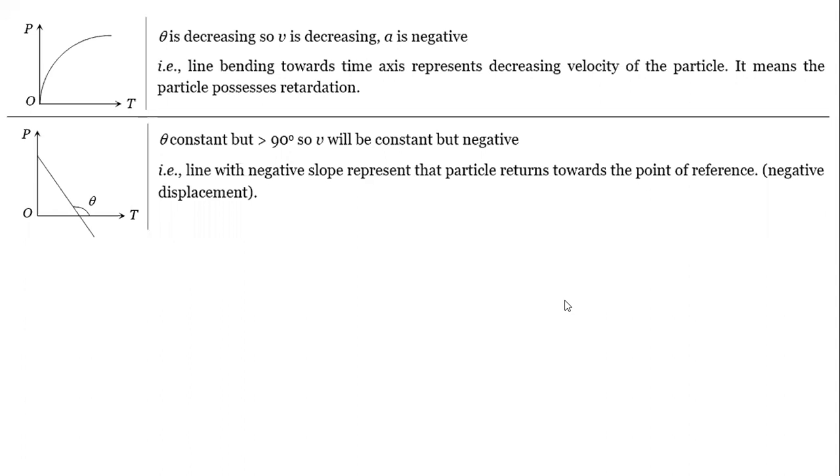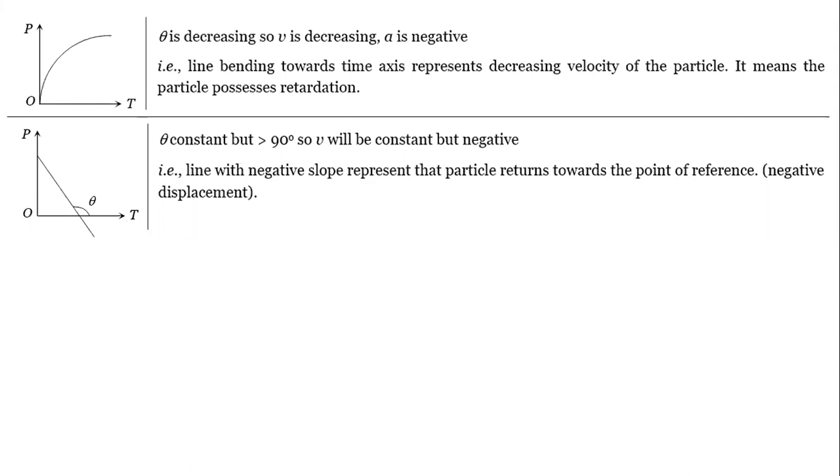Yeah, Hasini. Sir, in the second graph, you told that the object comes back to the point of reference. Then displacement should be 0. Then why is it written there? No, it is like, suppose you are sitting at home, and a person is coming from, suppose, an office. You know the initial displacement, and if that person is coming back to you, slowly and steadily the displacement is becoming 0.